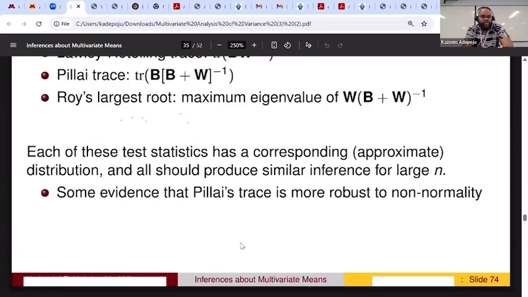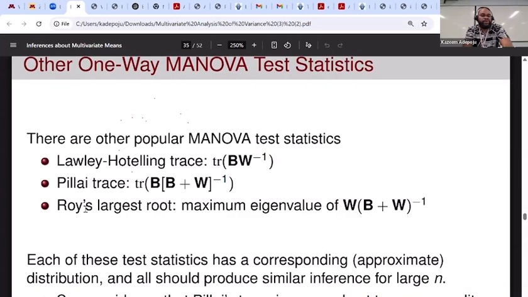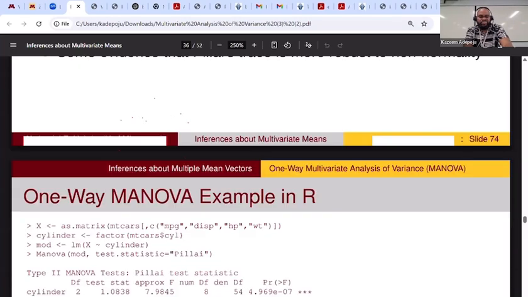And here I said we have some evidence that Pillai trace is more robust to non-normality. So in a case where there's a violation of the normality assumption, you may not be able to use the conventional Wilks' lambda, and we have evidence that Pillai trace is more robust in that situation.